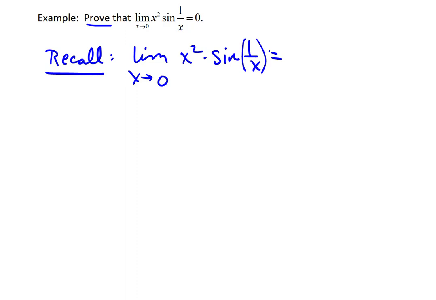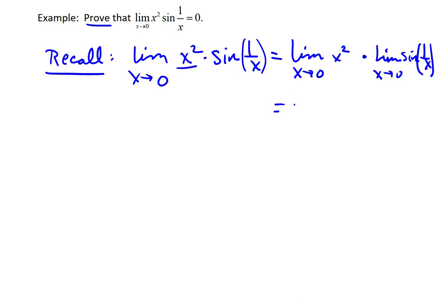Well, one of our limit laws would state that you could take the limit of each of those functions separately and then multiply those limits together. So we have the limit as x approaches 0 of x squared, the first factor in the product, times the limit as x approaches 0 of sine of 1 over x, the second factor in the product.